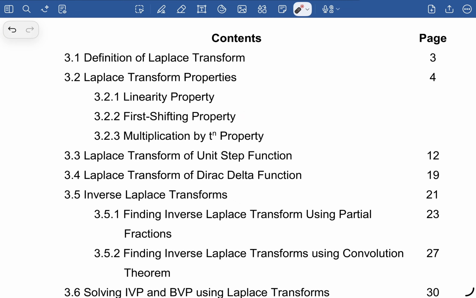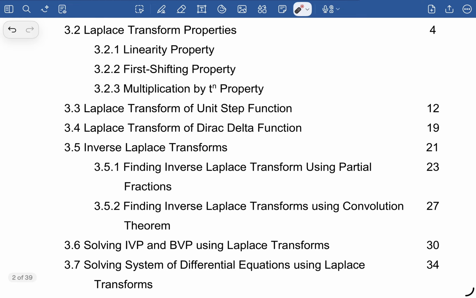After that, you will learn how to use the Laplace transform for the unit step function and the Dirac delta function. So this part is how to do the Laplace transformation, how to transform from t to s domain.